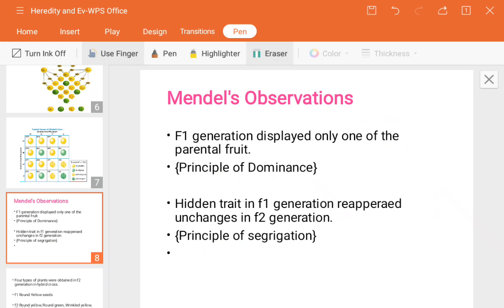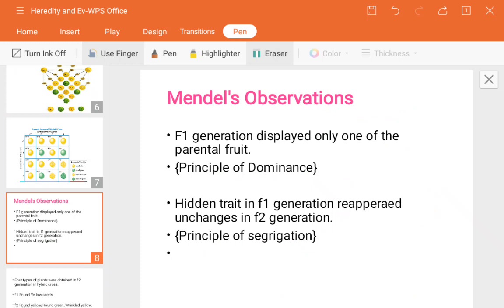So how does segregation happen, guys? Each character was carried separately, and obtained separately. Even if they self-pollinated the F1 generation offspring, in the second generation they got the result with separate traits.